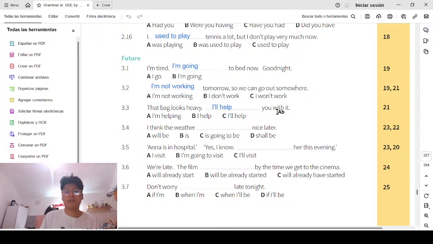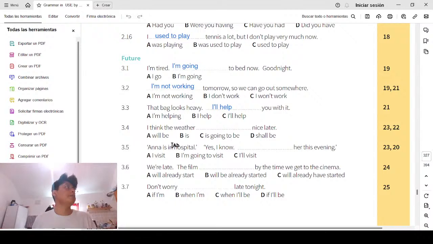Why is it I help? So let's try to define the difference between the future and be going to. We can use be going to and the auxiliary will when we're talking about the future, right? But what's the difference between be going to and will?